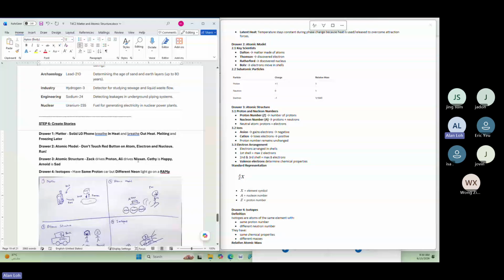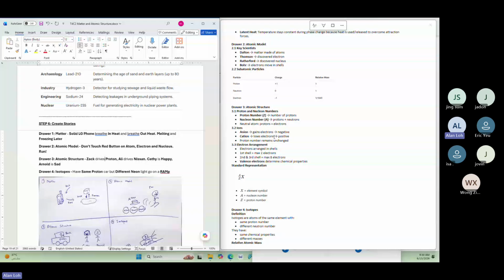So Kathy is happy, Arnold is sad. Kathy, this girl is super happy. This boy, Arnold, is super sad. Why? Because cation, when it loses electron, becomes positive. So cation is something positive. It's a positive ion. So cation represents Kathy. Anion is Arnold.